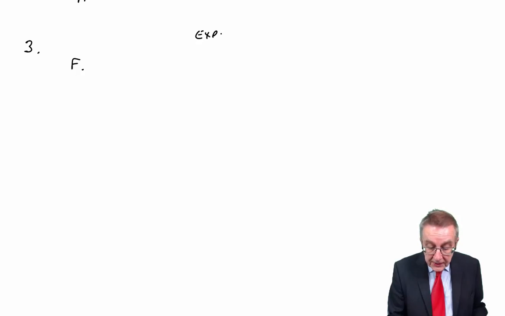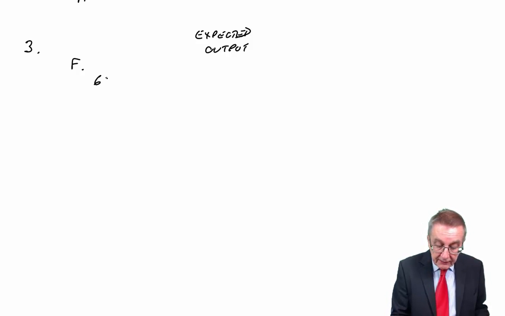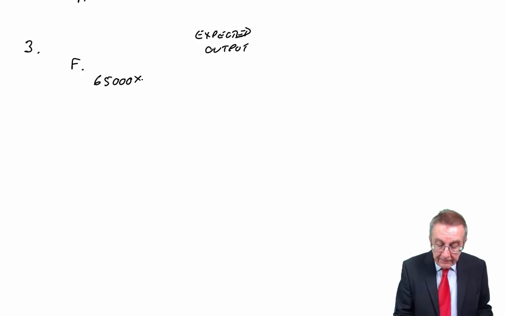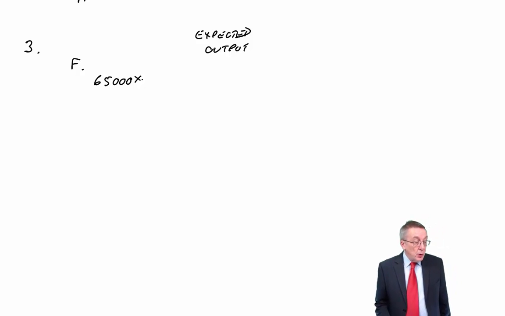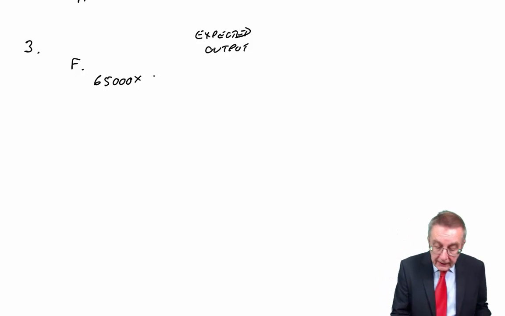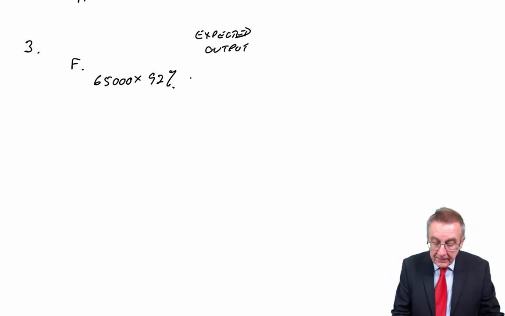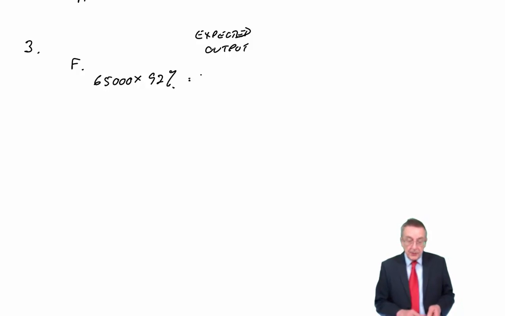F, what would be the expected output? Well, the input was 65,000 litres. If we expect to lose the normal loss of 8%, surely the remainder of 92% is what we expect to output.